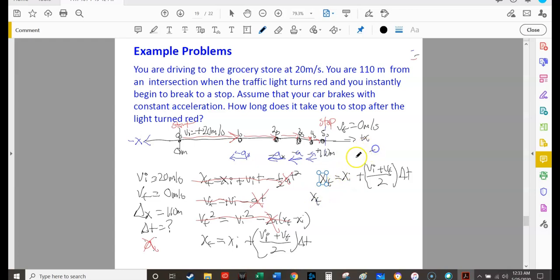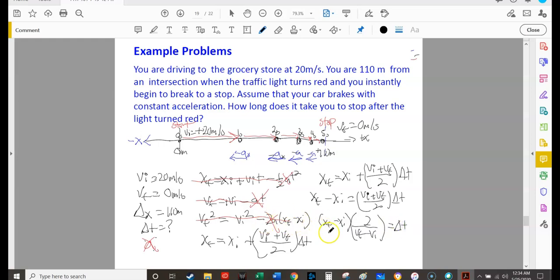So x final minus x initial equals v initial plus v final over 2 times delta t. I'm going to multiply both sides by 2 and divide both sides by vi plus vf. And that gives me x final minus x initial times 2 divided by v final plus v initial, which is equal to delta t.